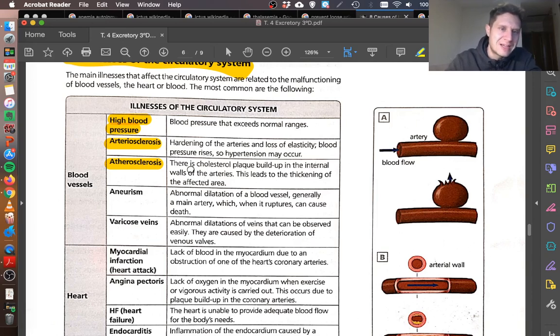Bueno, athero is related with cholesterol, and arteriosclerosis is a loss of elasticity. They can be related, yes, because we are not eating properly the fats and the components of our body, and this is going to have a consequence in our arteries.